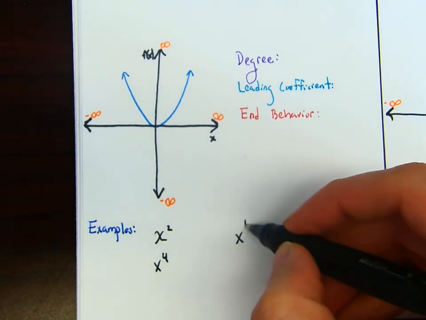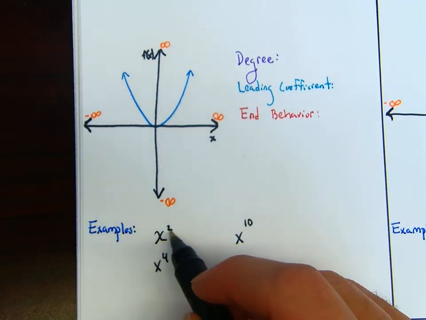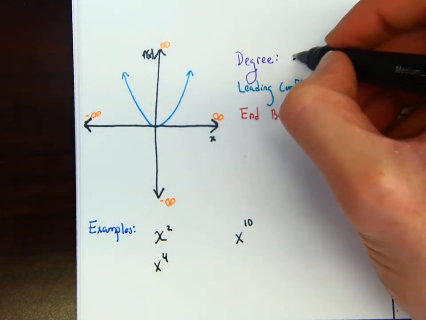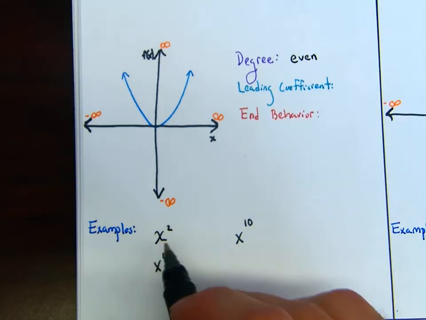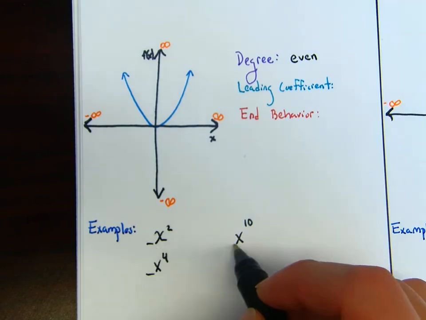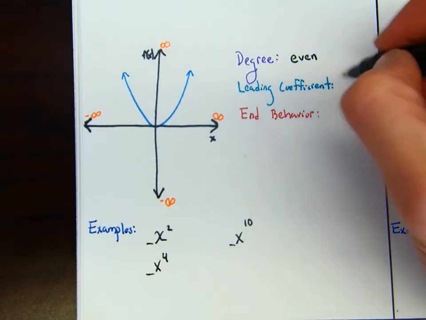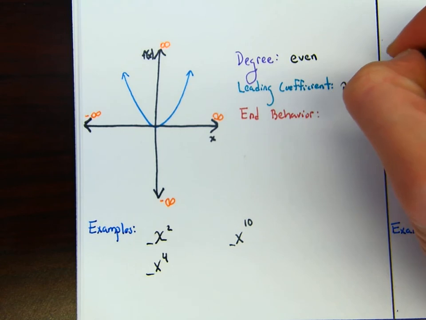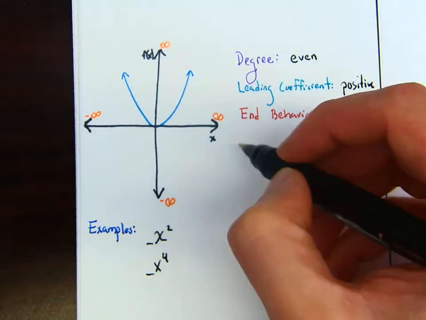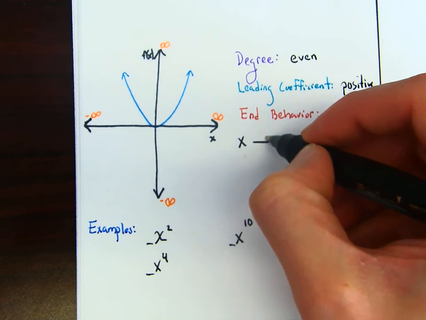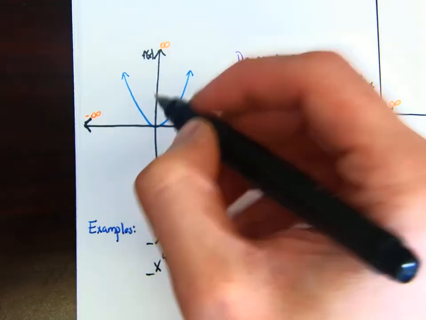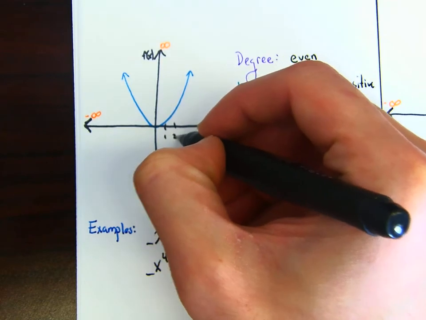If I have a polynomial such as x to the 4th, or x to the 10, notice that if my exponent is even, or my degree is even, and my leading coefficient, the value to the left of the variable, is positive, then we will always have this similar end behavior. You see here, x is 1, x is 2, x is 3.